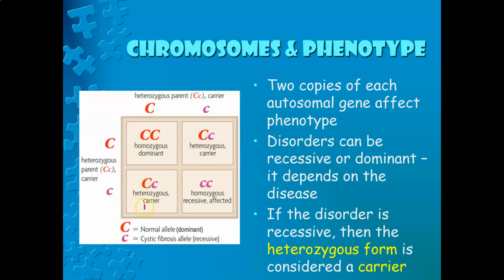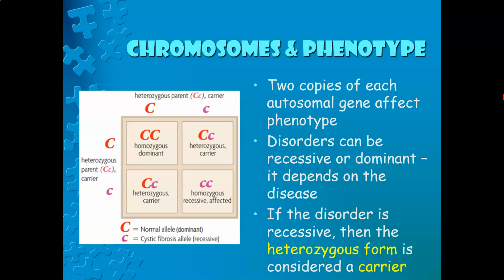So here are my heterozygous individuals. These guys would be considered carriers. Why? Because they're carrying around that cystic fibrosis gene, that cystic fibrosis allele, but they themselves are not actually showing the trait. You can't have a carrier who is carrying something for a dominant trait, because they don't carry it. They will just show it.